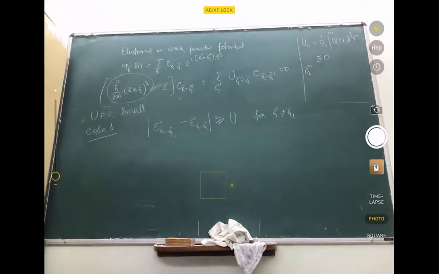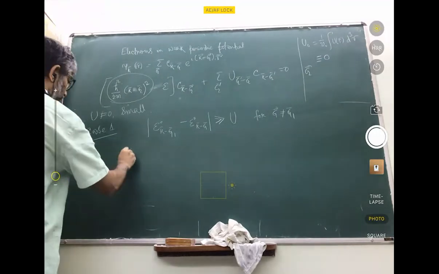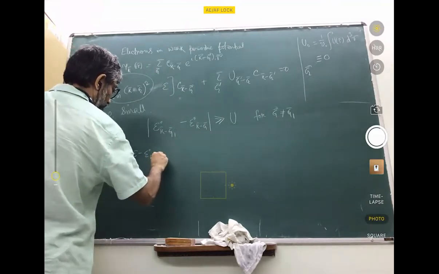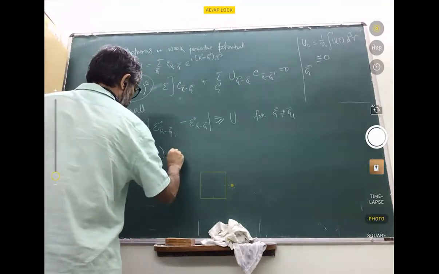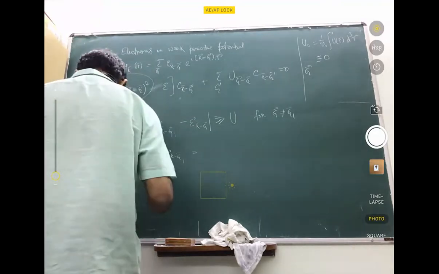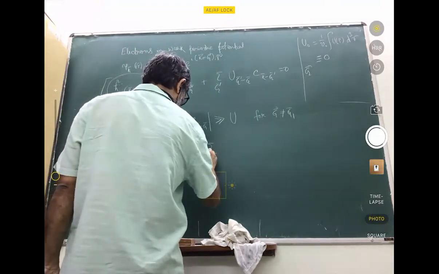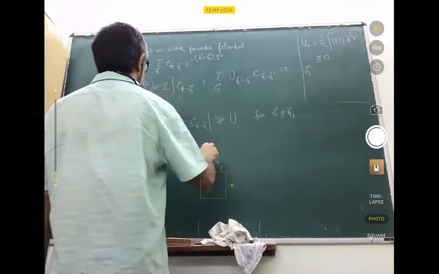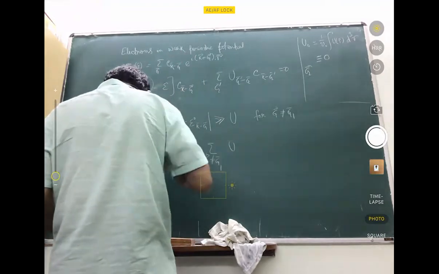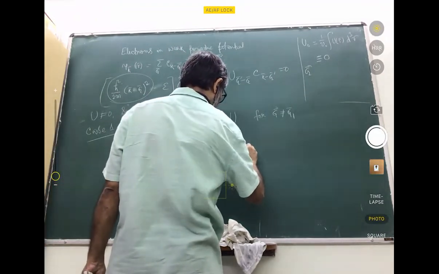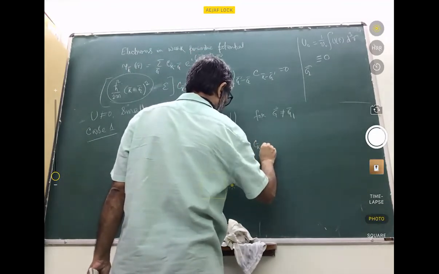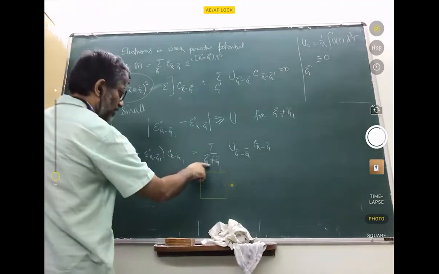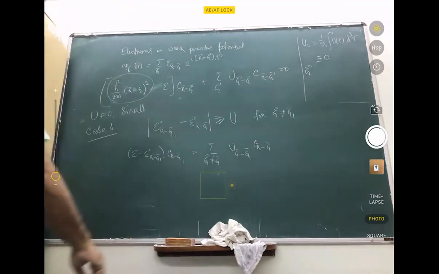So then using this equation, what I'll have is, we take the summation over G not equal to G1, because of that condition that we have chosen U0 equal to 0.